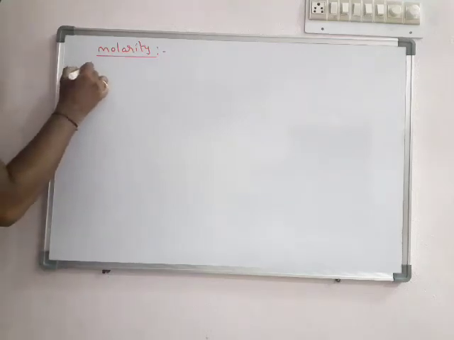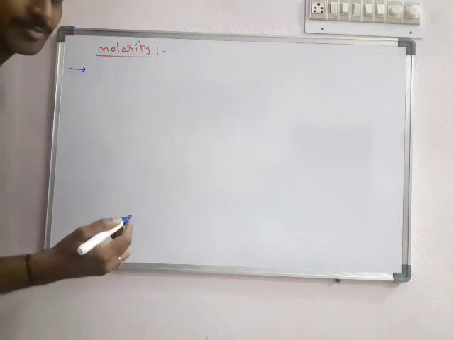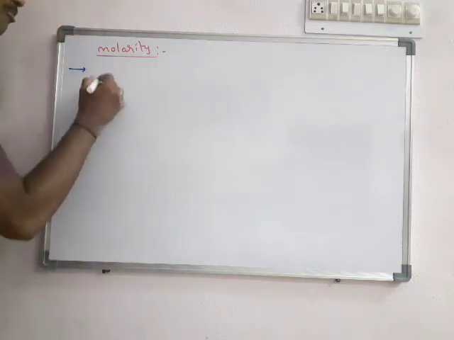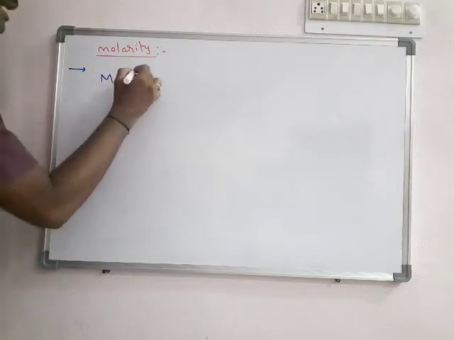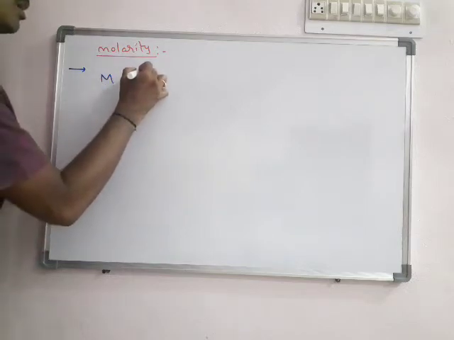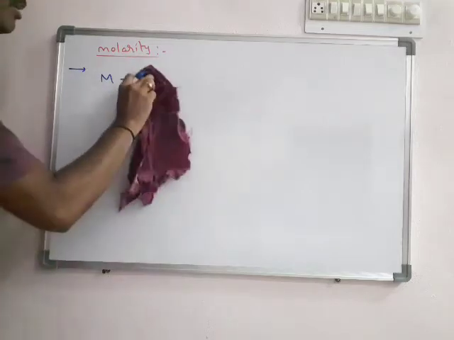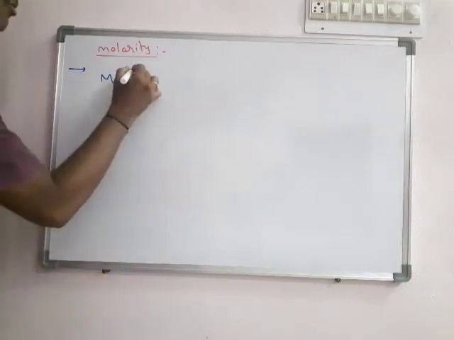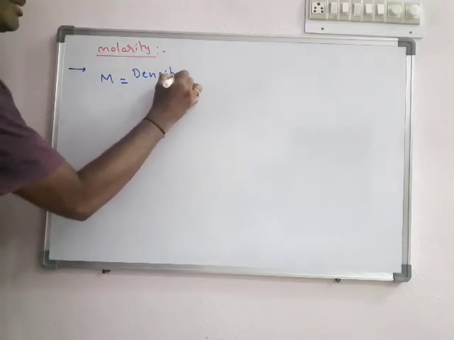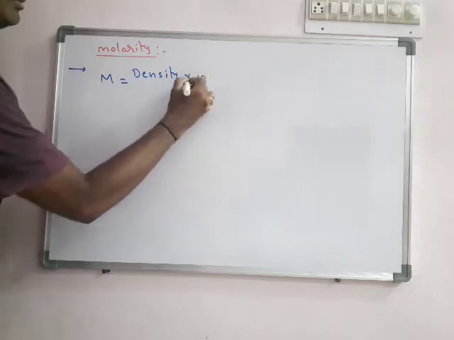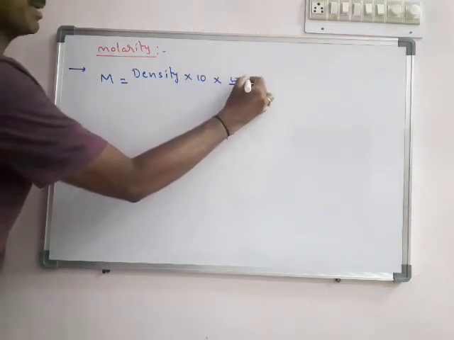If in some problems the density of the solution is given, we need to find the molarity. This is another form of the molarity formula. If density is given, the formula is: density of the solution into weight by weight percentage.